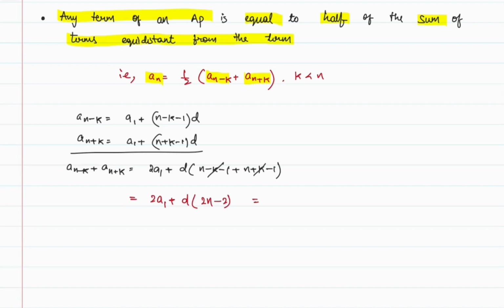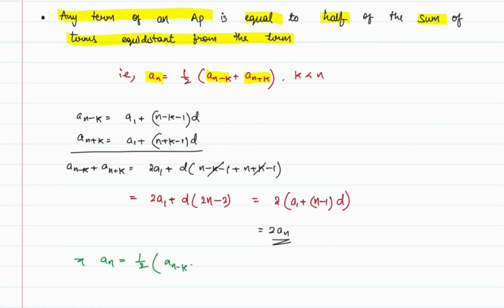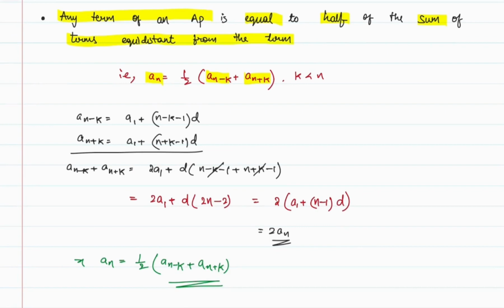When you take 2 common from 2n minus 2, this will become 2 times a1 plus n minus 1 into d. We know that a1 plus n minus 1 into d is the general representation of the nth term. So this will become 2 times an. So from this we can write that an equals 1 by 2 into a(n minus k) plus a(n plus k). This is exactly the same as what is stated in the property.